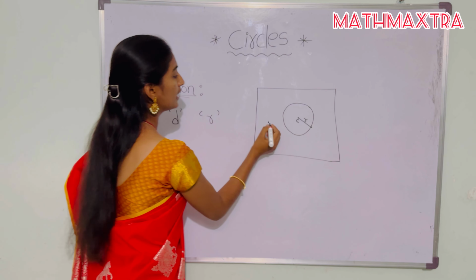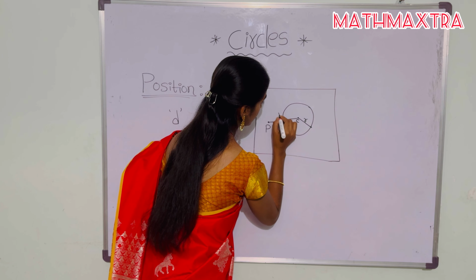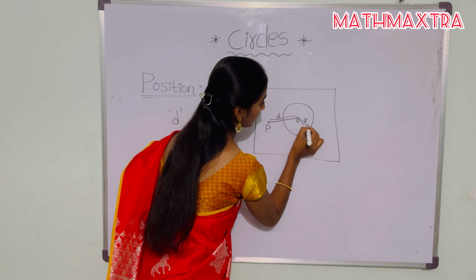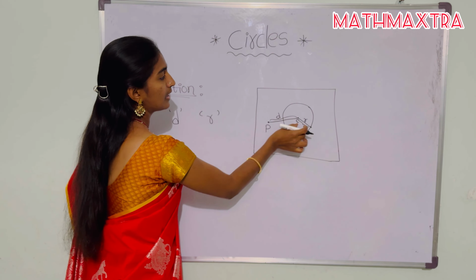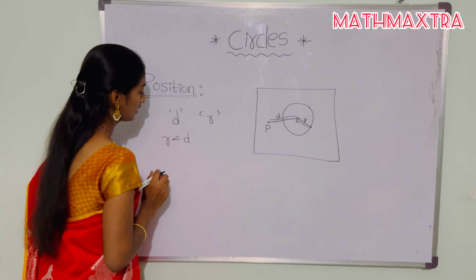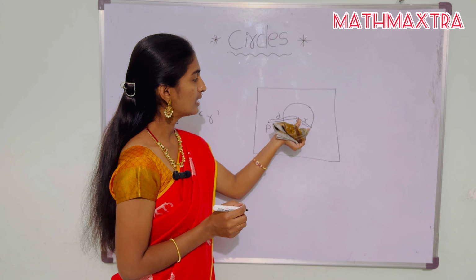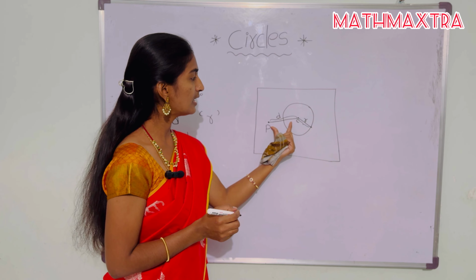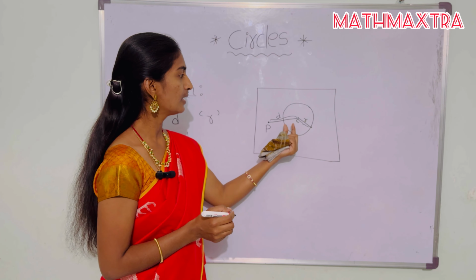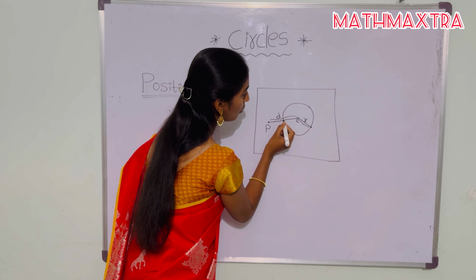Let us consider this is a distance D and this is a radius R. If R is less than D, what happens? This is the radius and this is the distance. Now we are saying this R is less than this distance, meaning the distance is more than the radius.